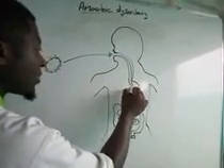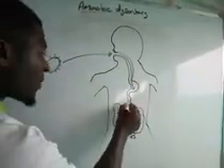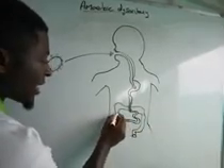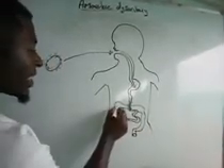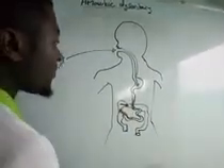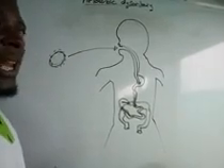esophagus, enters into the stomach. From the stomach, it passes through the small intestine, and from the small intestine to the large intestine. And then what happens now in the large intestine?